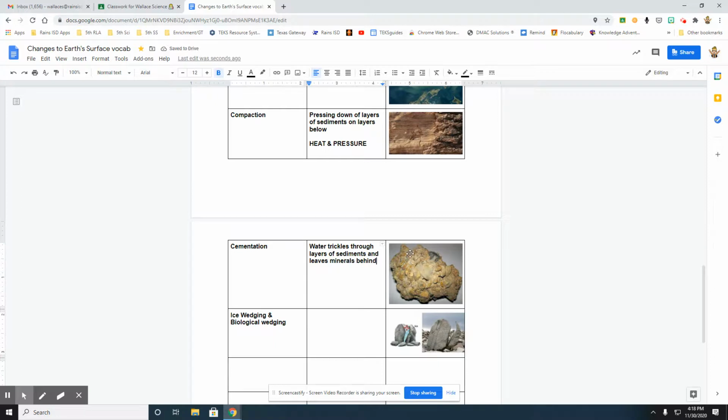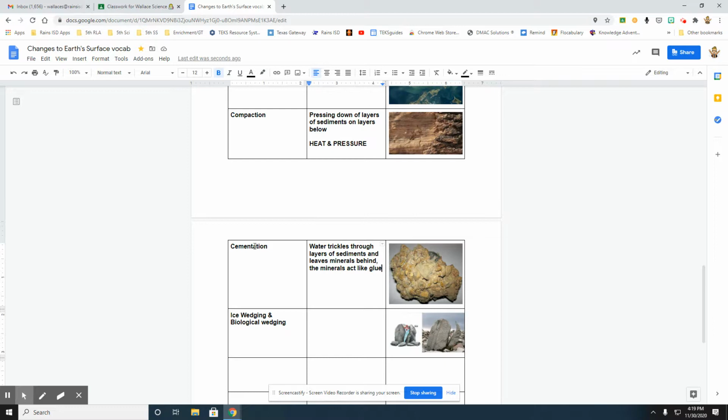And these minerals act like glue. What happens is you have all these tiny little pieces of sediment, and they literally get glued together from these minerals. And this is how we get a sedimentary rock. We get a new rock that is formed.